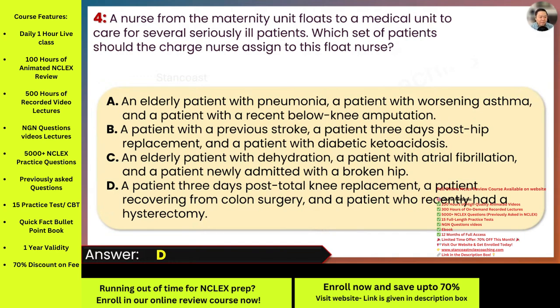And a patient with a broken hip in option C is also unpredictable, and this patient will require frequent assessments and possible potential emergency interventions. And so the maternity nurse does not typically manage patients with heart conditions or acute elderly care. And so this is also inappropriate for them.